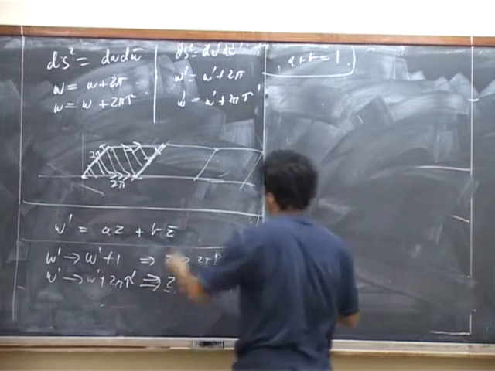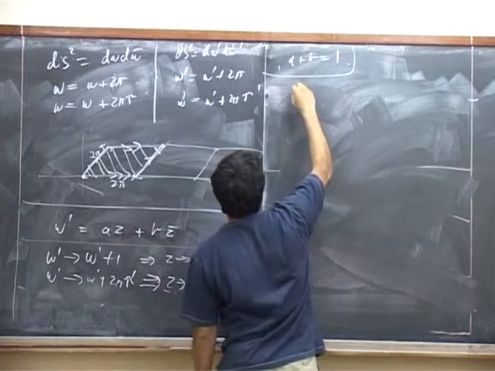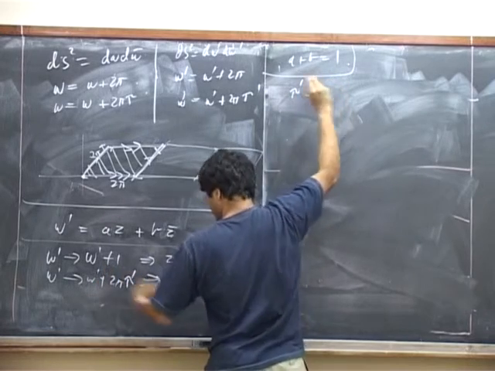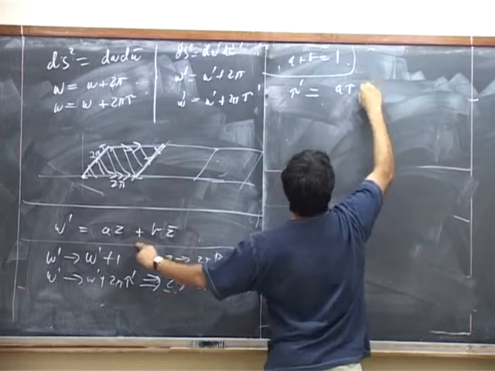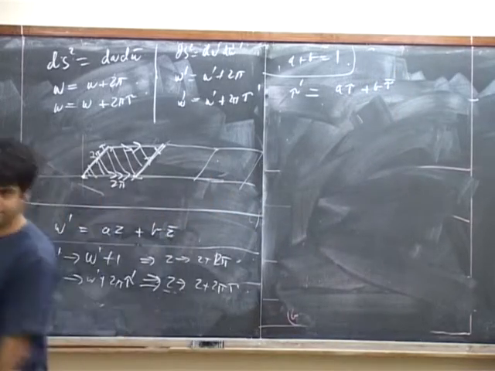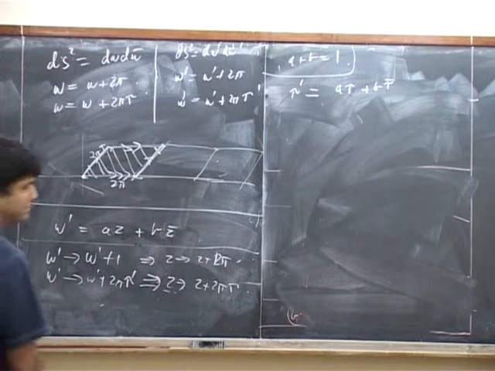Okay, so now what about the other guys? Let's move on. For the other guy, we have the equation that tau prime is equal to A tau plus B tau bar.